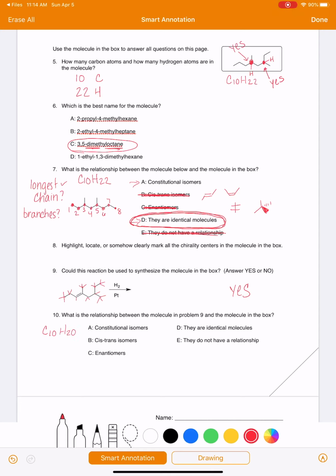Don't let those double bonds fool you. This carbon right here has 1, 2, 3, 4 bonds. Double bond counts as 2. So C10H20, they have different molecular formulas, and if you have different molecular formulas, you do not have any relationship at all.